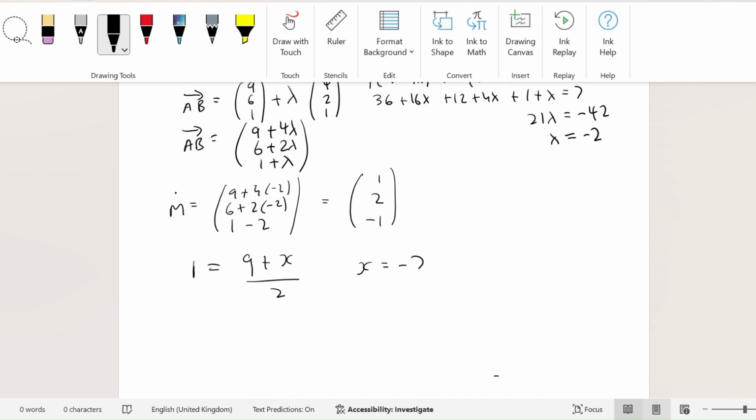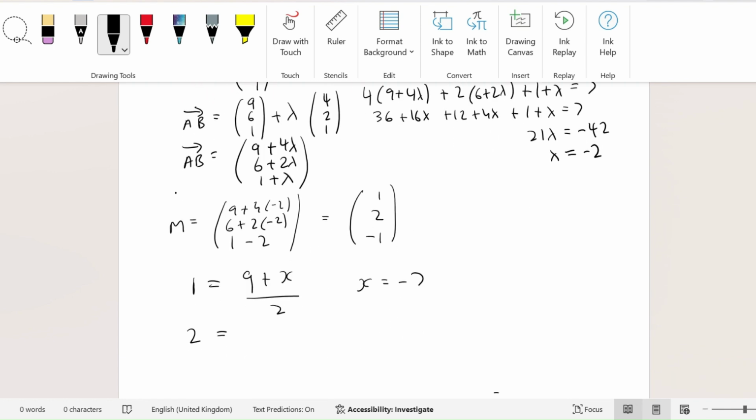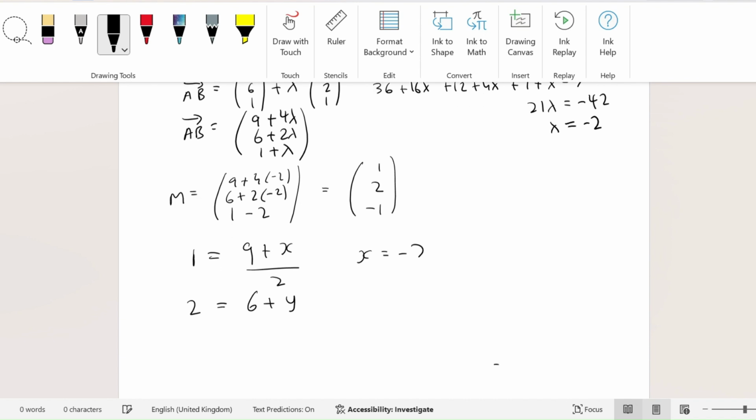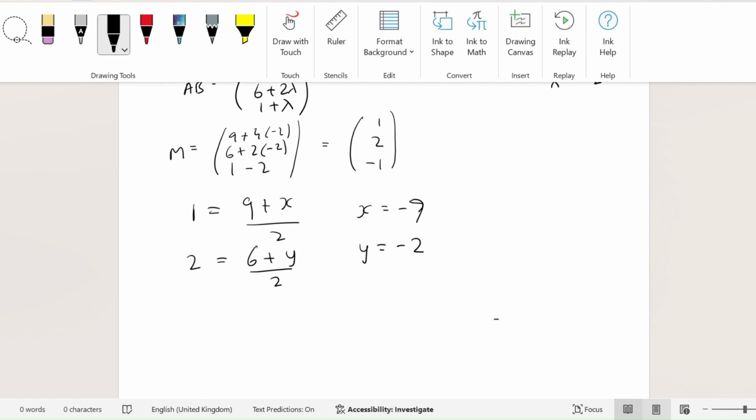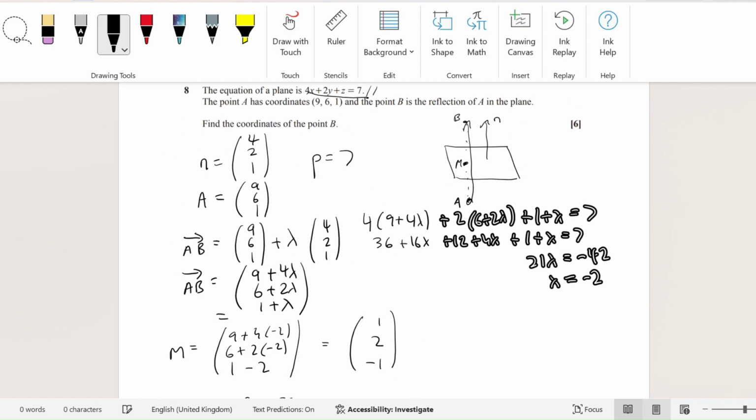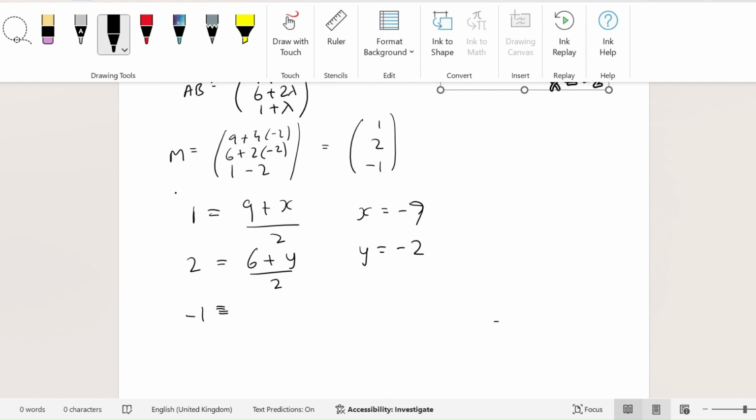Then we can do the same for the y-coordinate. 2 is equal to 6, the y-coordinate for A, plus y, which is the y-coordinate for B, all over 2. And that will give us y is equal to 2 times 2 is 4, 4 minus 6 is minus 2. And then the last one is minus 1 is equal to the z-coordinate for A, which is 1, plus a z-coordinate all over 2.